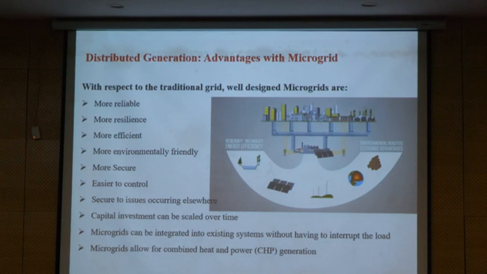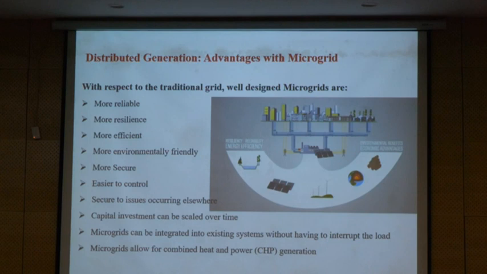This type of technology can provide more reliability. Why? Because it can be disconnected from the grid and we provide electricity for ourselves. It is more resilient. If a storm happens and something disconnects the transmission line, we can provide electricity ourselves. It's more efficient. We have generation close to the consumption.